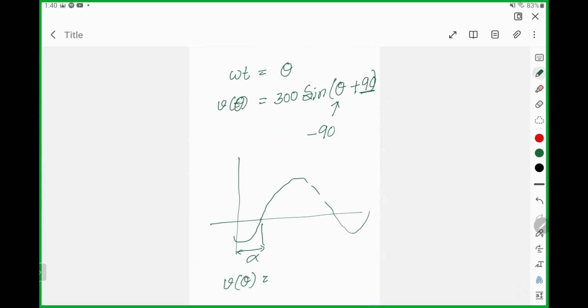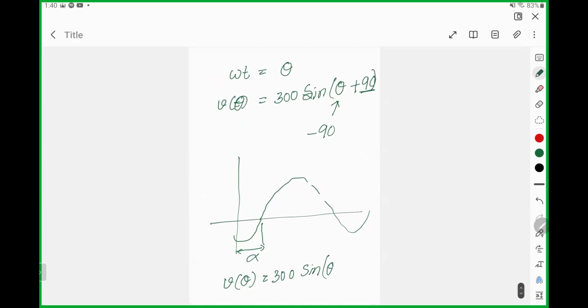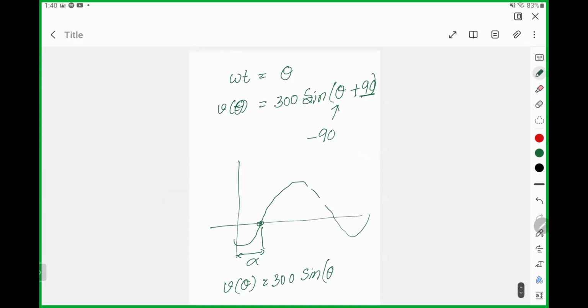So I need to write down this is 300 and sine. Now this theta will be as it is. Now I have to think where it will become 0, in which direction it has moved, to the right. And at which point my reference 0 has moved, at theta equal to alpha, right?